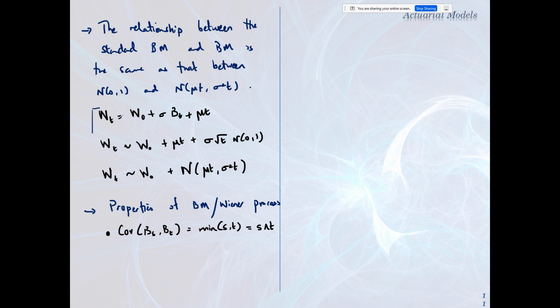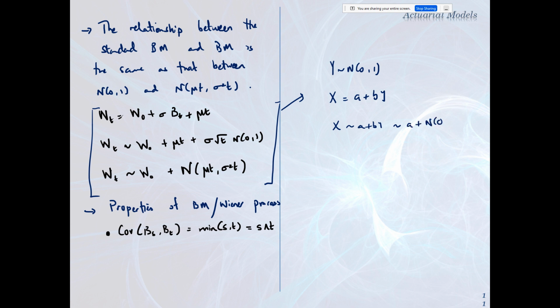I think this is quite straightforward. It is as if I'm saying that Y follows a normal N(0, 1), and then I'm saying that X is equal to a plus bY. So what will be the distribution of X? It will be a normal with mean a and variance b squared.